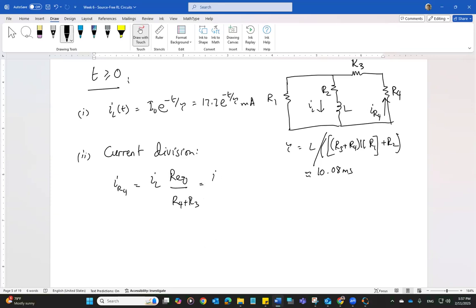And this R equivalent is IL times R3 plus R4 parallel with R1, divided by R3 plus R4.